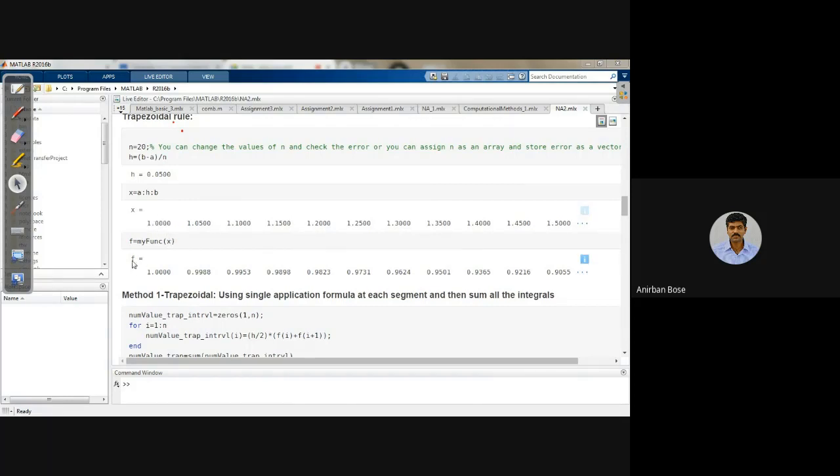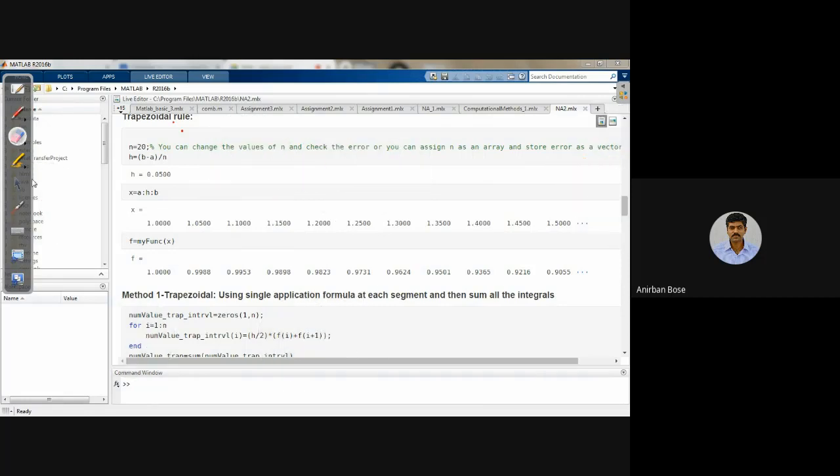So this f will contain an array whose first value is f of a, its second value is f of a plus h, like that, up to f of a plus nh. And x is basically a, a plus h, like that. So that you have understood.